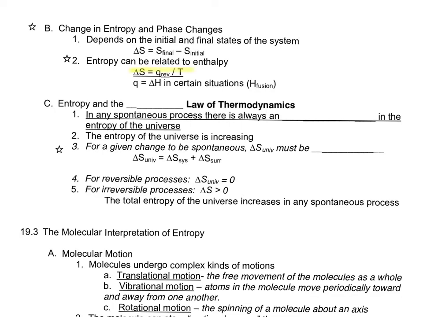Now we're going to see a different equation in a little bit to use for the relationship between entropy and enthalpy that's a little bit better. The change in entropy is the main type of entropy we're going to talk about. Just like with enthalpy, it's really hard to measure an exact entropy of a system at any point in time, so instead we talk about the changes in entropy.